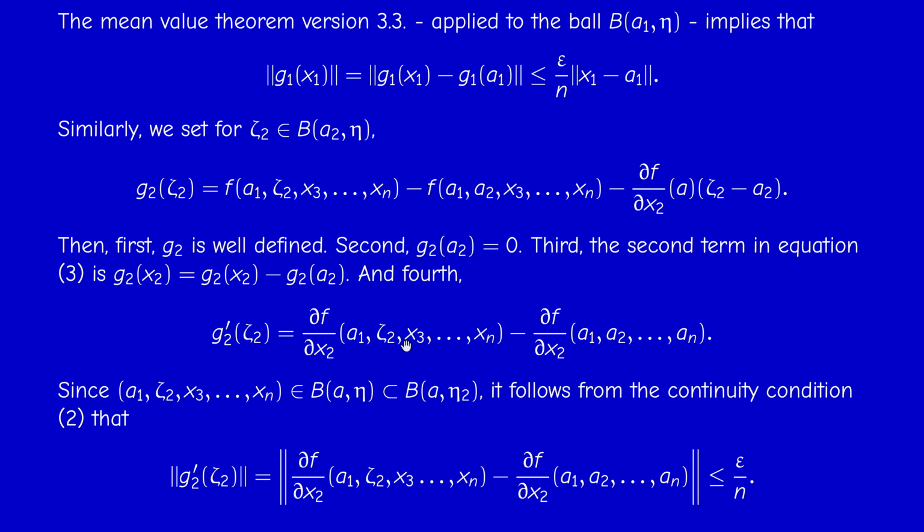And again, my choice of zeta2 and of x: this argument belongs to the ball of center a and radius eta in the product space, of course. And since eta is less than or equal to eta 2, this ball is contained in that ball. So I can use again the continuity condition 2 for i equal 2. And I get that the distance between the derivatives is less than epsilon over n.